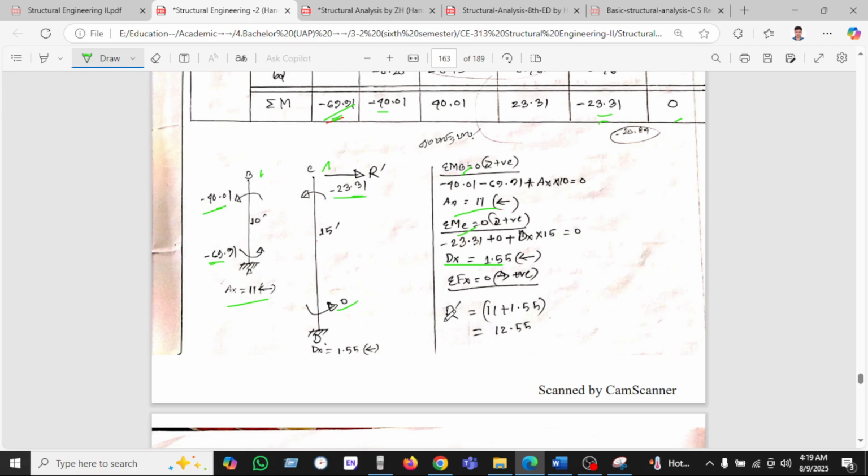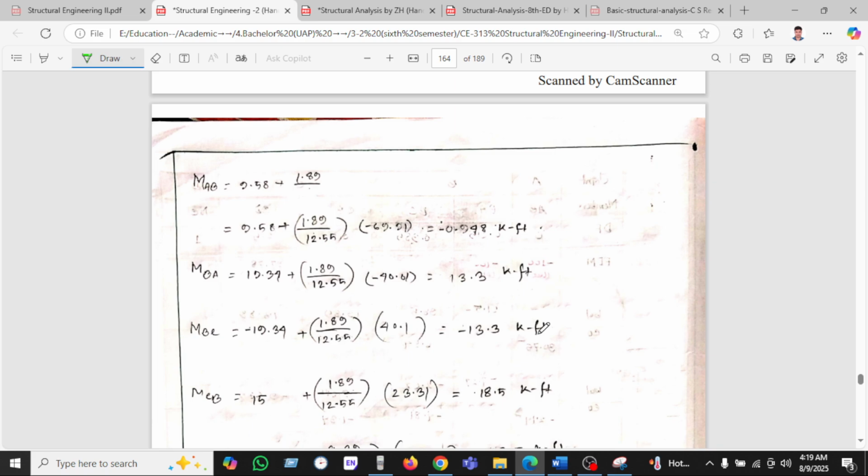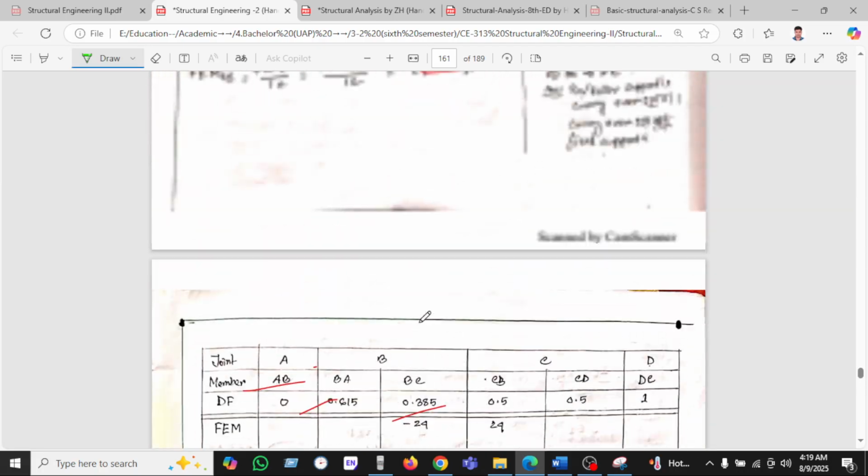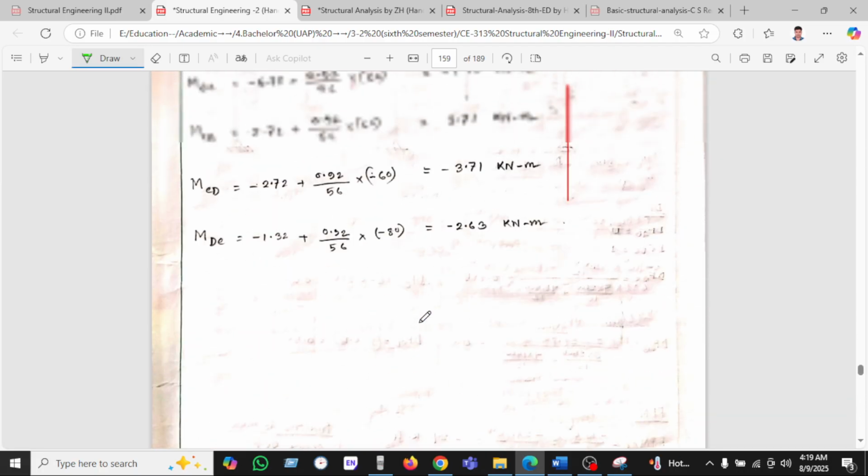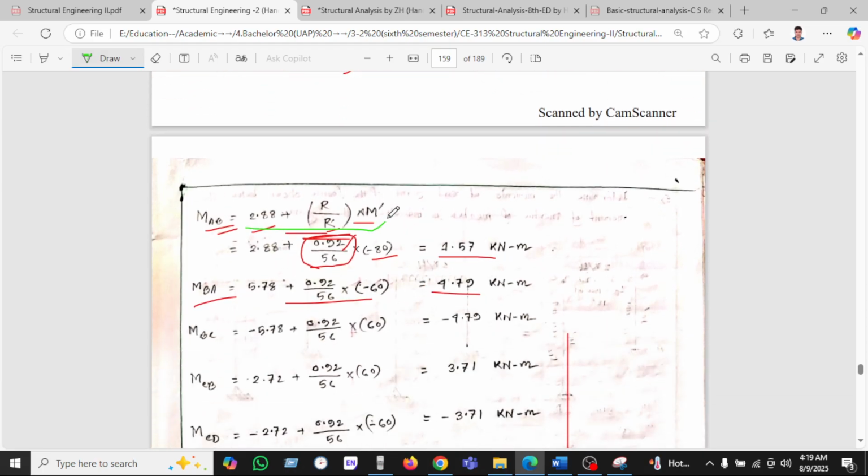After calculating R, summation of Fx, and R prime is 12.55, and finding this below, we can use R minus R prime, using the previous equation as been shown. This is our equation.